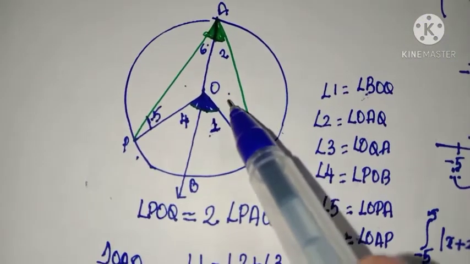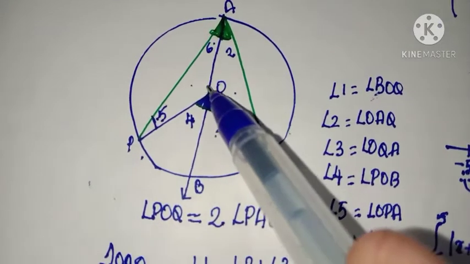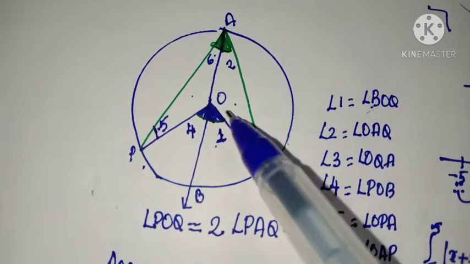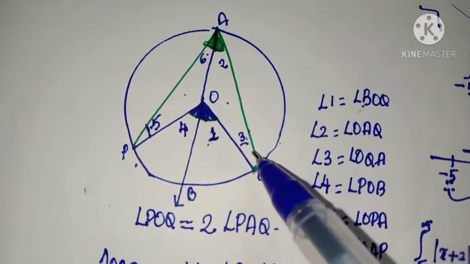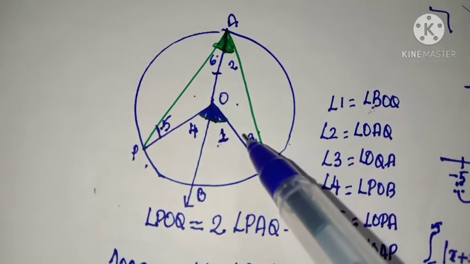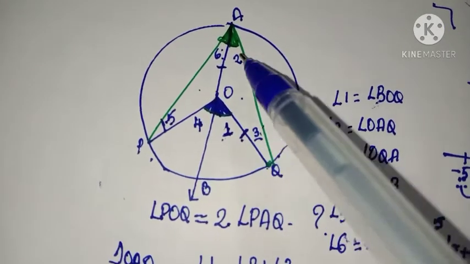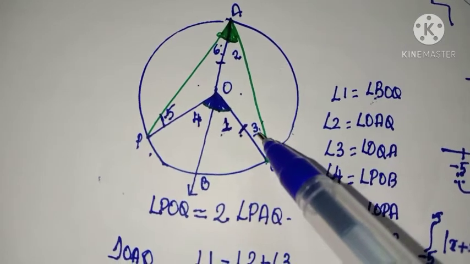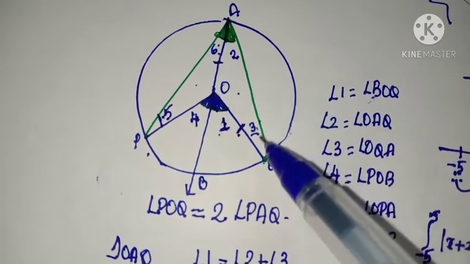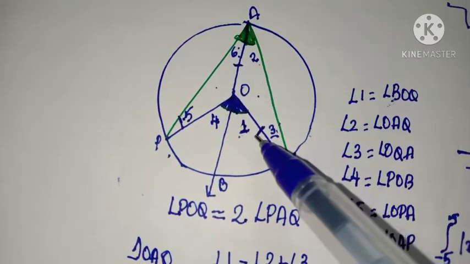Again look at this triangle OQA. What are OA and OQ? OA and OQ are radii of the circle and therefore OA is equal to OQ. If OA is equal to OQ, then what about these two angles? These angles are equal because angles opposite to equal sides are equal.